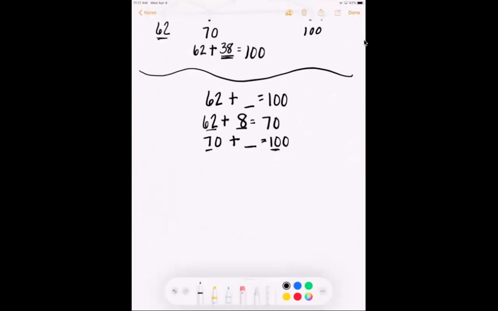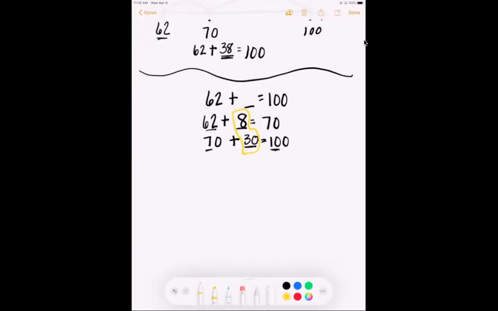So I can think of 7 plus what equals 10? 3. But if I just write 3, that's not the right equation, because the original problem is really 7 tens plus how many tens equals 10 tens or 100. That's 3 tens, 30.